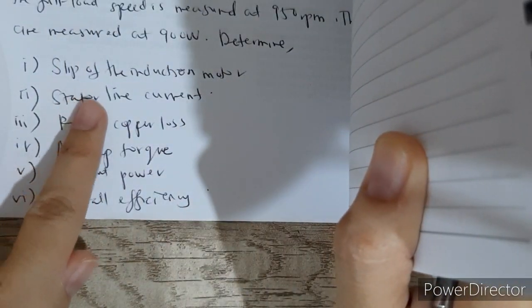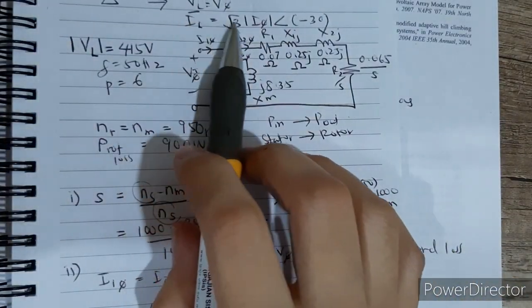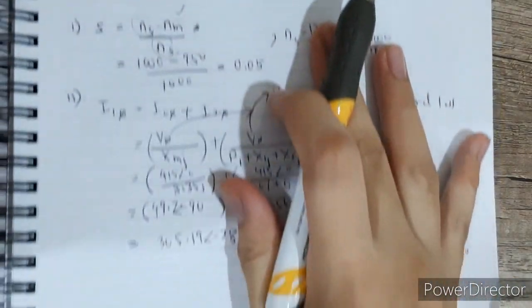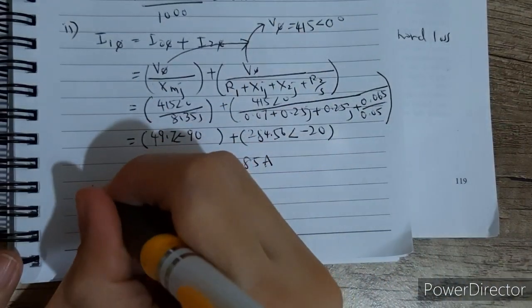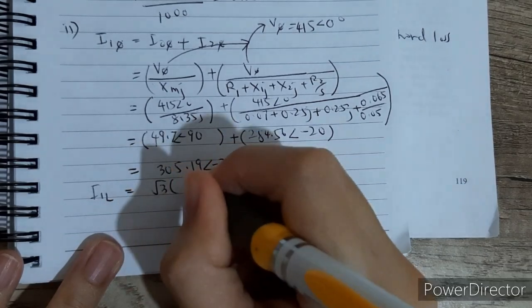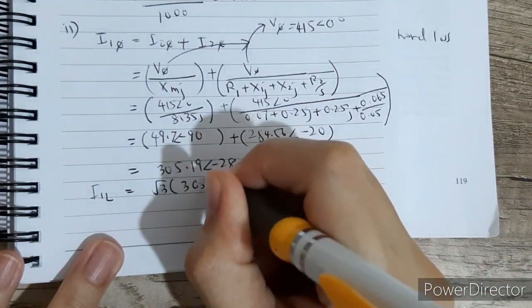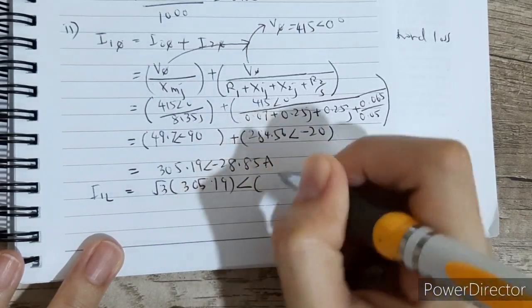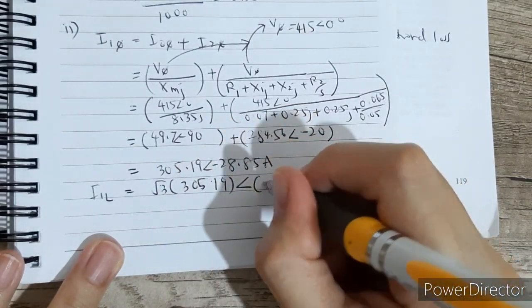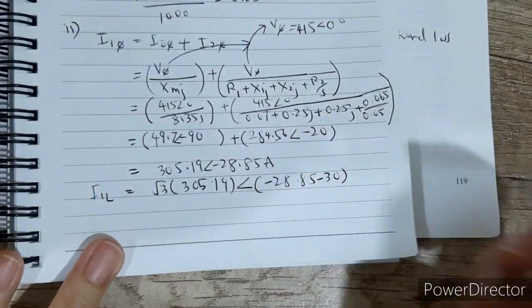Since the question asks for I1 line, the stator line current, use this equation: I1 line equals square root 3 times the magnitude of I1 phase, and for the angle, you take the angle of I1 phase and minus 30.